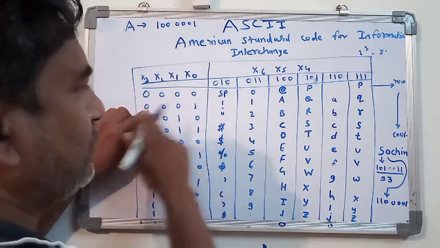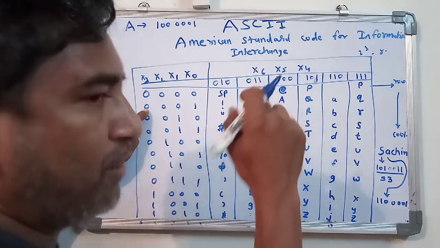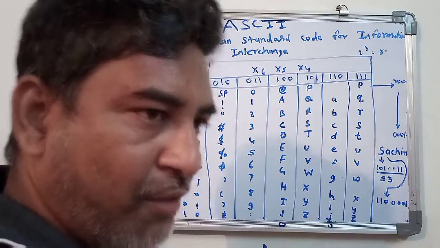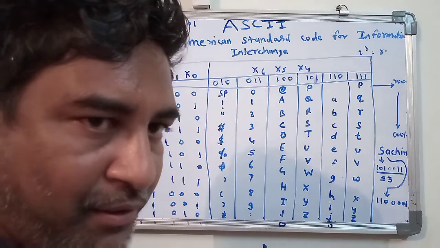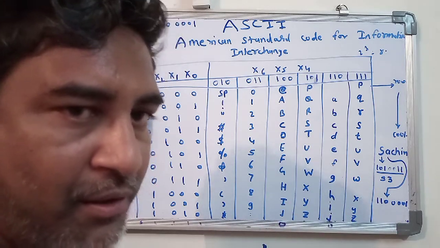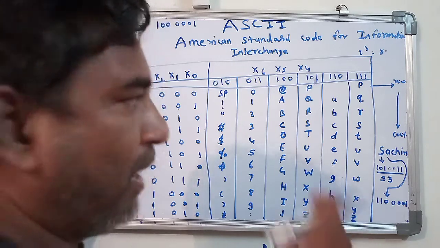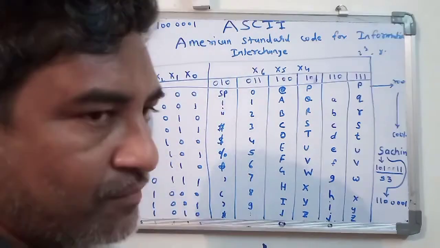So whenever you hit capital A from the keyboard, inside the computer the zeros and ones have to be formed like this.